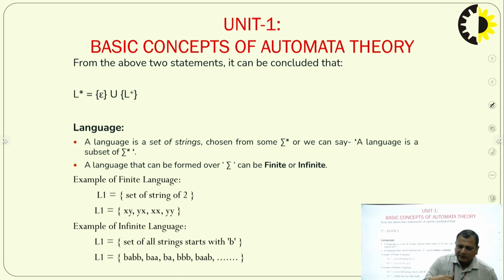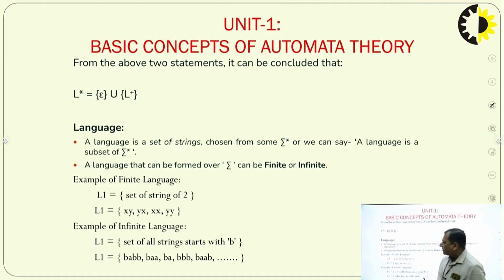So we can say a language is a subset of Σ star. A language that can be formed over Σ can be finite or infinite. तो जो लैंग्वेज हम लेंगे इसके अंदर वो आपकी फाइनाइट भी हो सकती है और इनफाइनाइट भी हो सकती है.